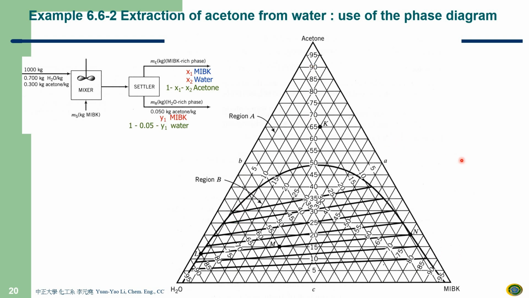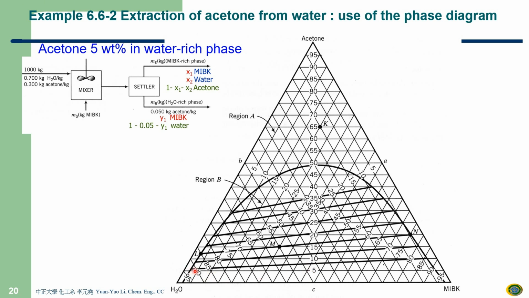We understand that acetone is 5% in the water-rich phase. This is very similar to the example we just practiced. So acetone is 5%, and the water-rich phase is this part.